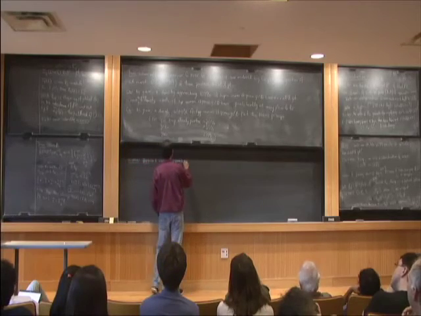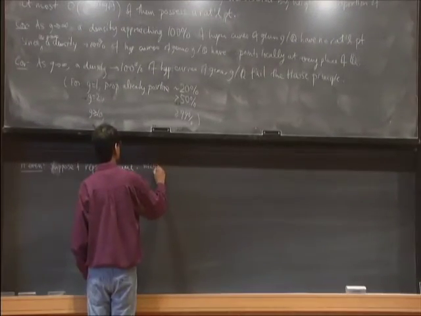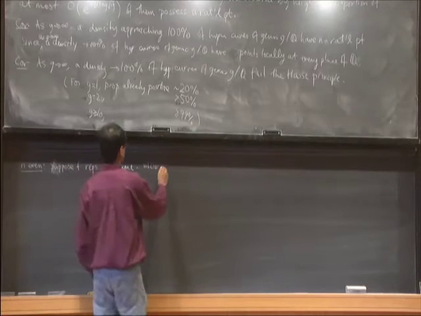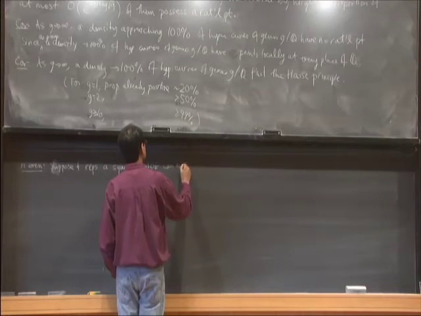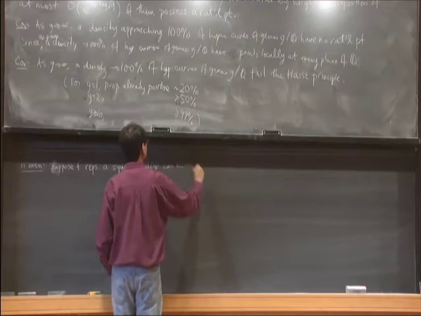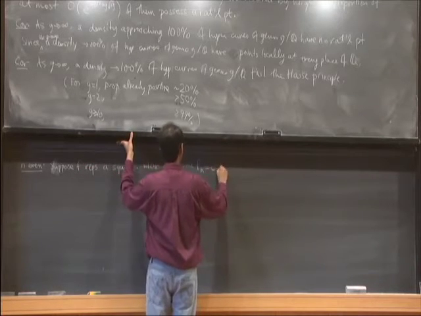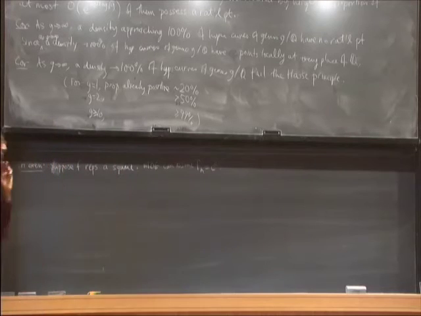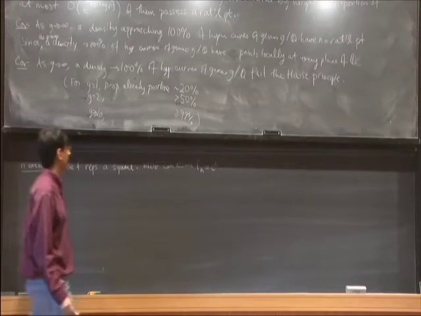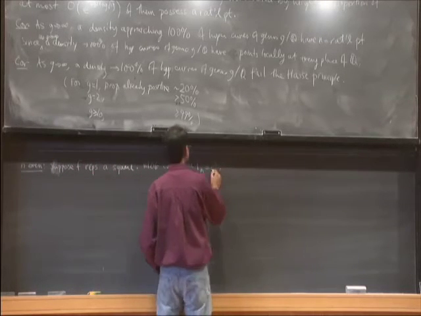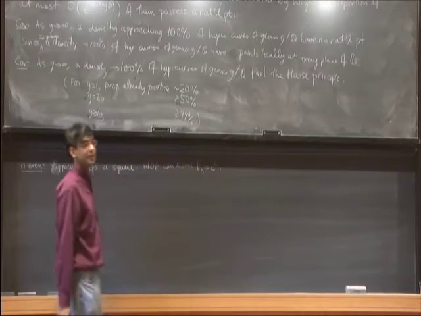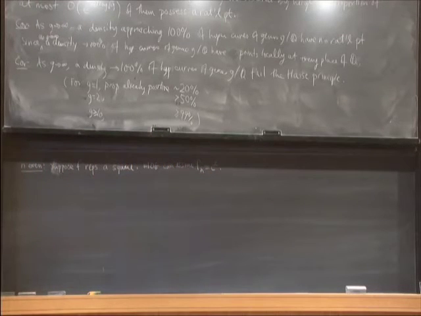So suppose f represents a square; by that SL2 action, we can assume that the last coefficient is a square, say c squared. What we're going to do is try to use c to make an ideal.